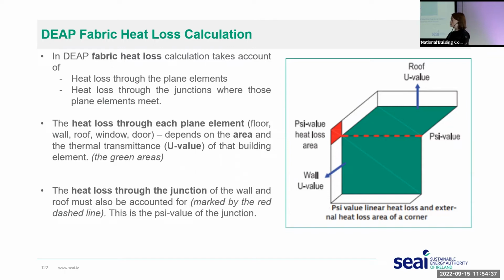So the heat loss through the plane element, which would be the floors, walls, roofs, doors, windows, depends on the area and the thermal transmittance or the U value of that building element. So in the illustration there, it's shown by the green areas. And then we also have to take account of the heat loss through the junction, which is marked by the red dashed line in the image.